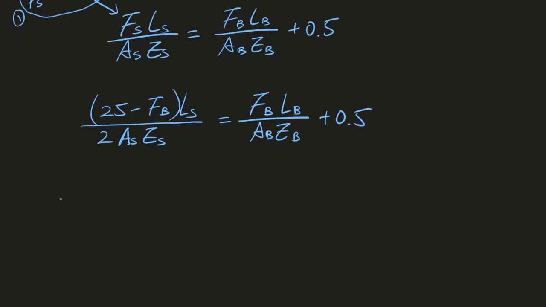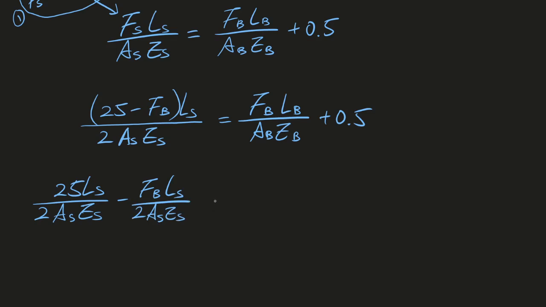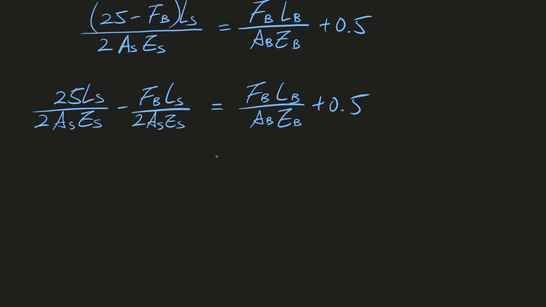Let's try to simplify this. So 25 Ls over 2 As Es minus Fb Ls over 2 As Es. Now I want to rearrange the two sides so all the Fbs go in together one place.